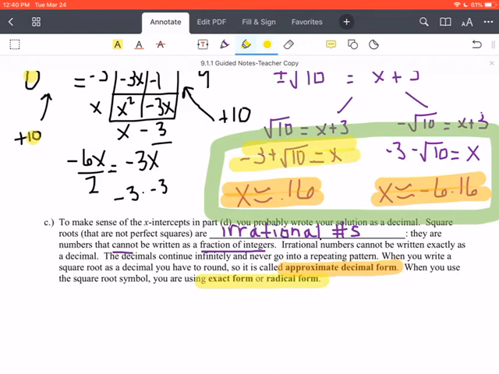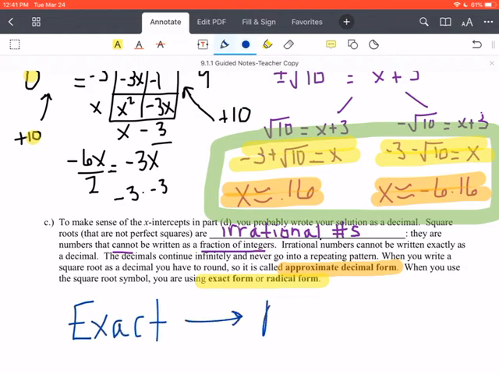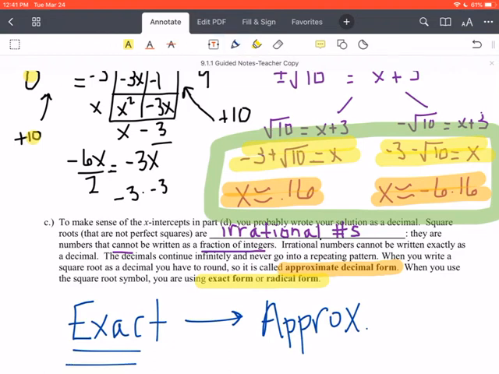So these solutions right here are considered exact because no rounding took place. We always, always, always will first find the exact form, and then we will use that exact form to pick up our calculator to get the approximate, okay? So in order to find an approximate answer, you have to first find the exact. That's a great rule of thumb.